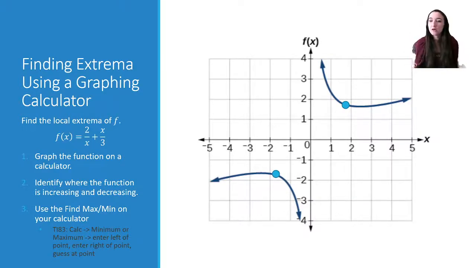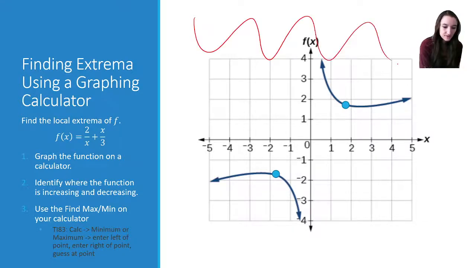This just allows your graphing calculator to know exactly what minimum you're looking for, because functions can have more than one relative minimum. So if your function looks like something like this, it has a whole bunch of relative mins and relative maxes, and if you want specifically what is this point, well then you're going to have to tell it.